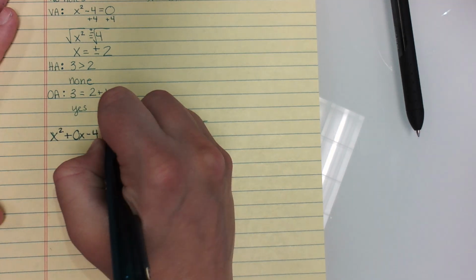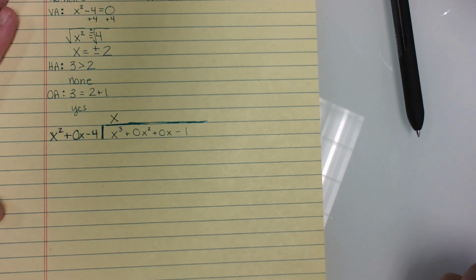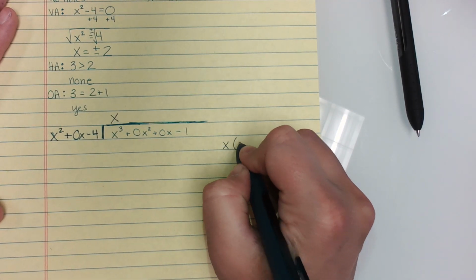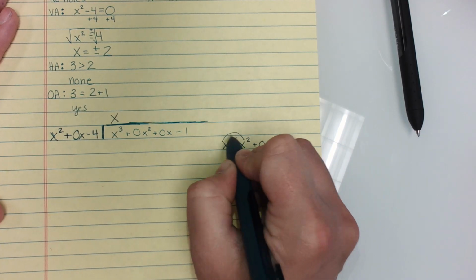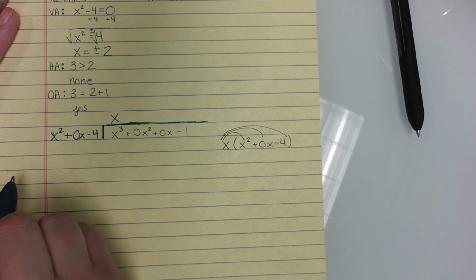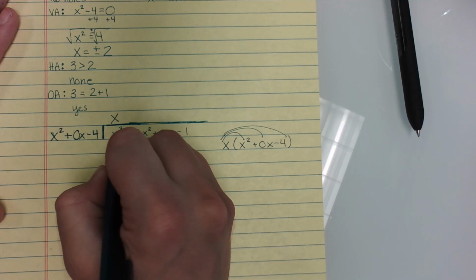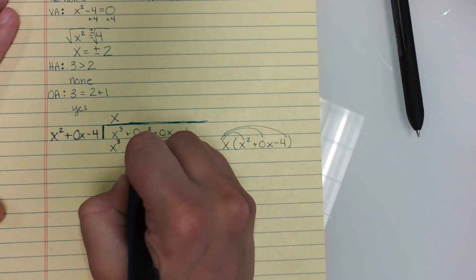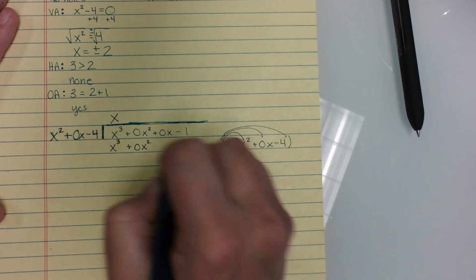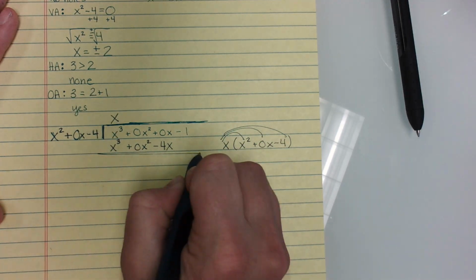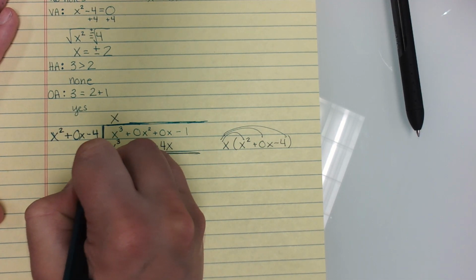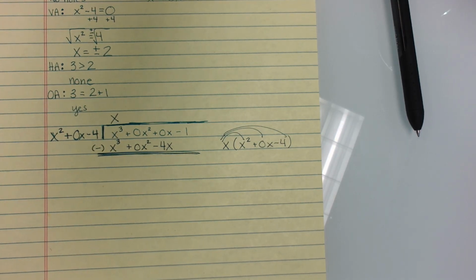X. That x gets multiplied by the x squared plus the 0x minus the 4. I get x cubed. I get 0x squareds. I get minus 4x's. Do not forget that you are subtracting at that point, and positives and negatives make a difference.